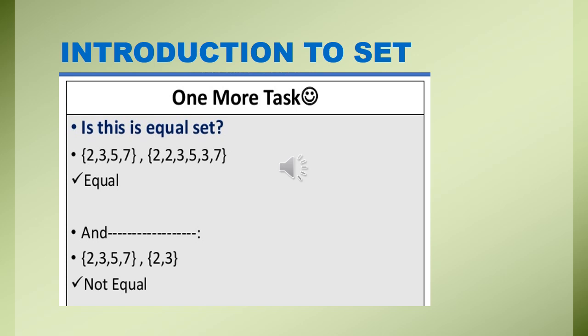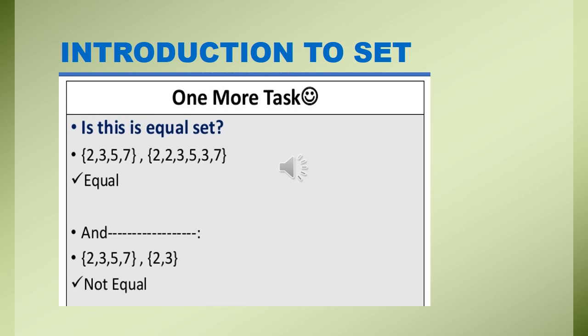Next, 3 is an element of both sets, 5 is an element of both sets and 7 is an element of both sets. If I have written 2 two times in the second set, it doesn't matter because 2 has one value. Clear? And it is well defined, 2 is 2. So both of these sets are equal.